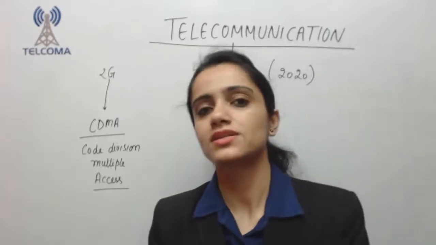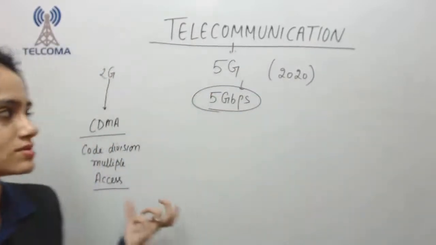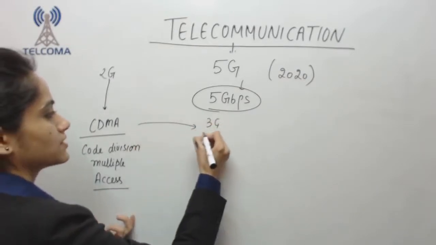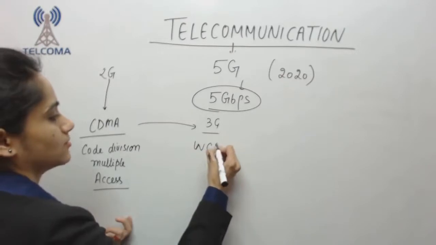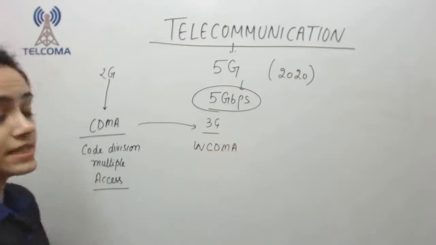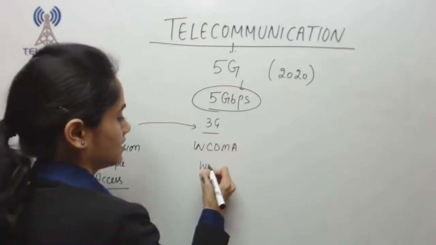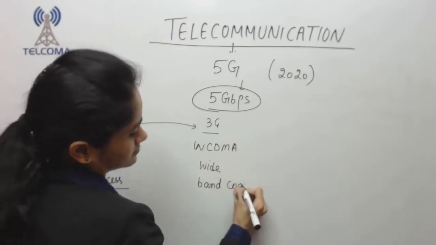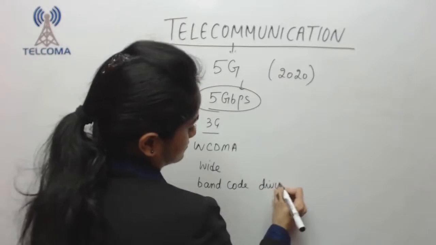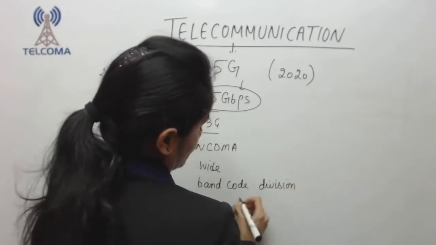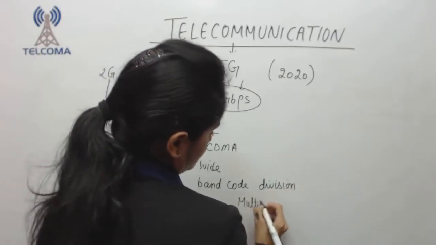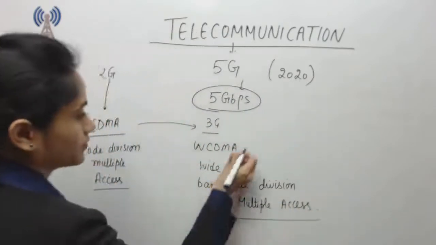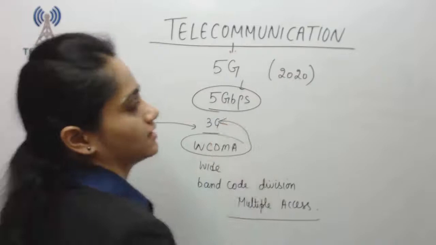Some countries are using GSM, but CDMA is also there in the 2nd generation. After that, for 3G, we have the concept of WCDMA, which we call Wideband Code Division Multiple Access. That means we have used the concept of WCDMA in our 3G networks.